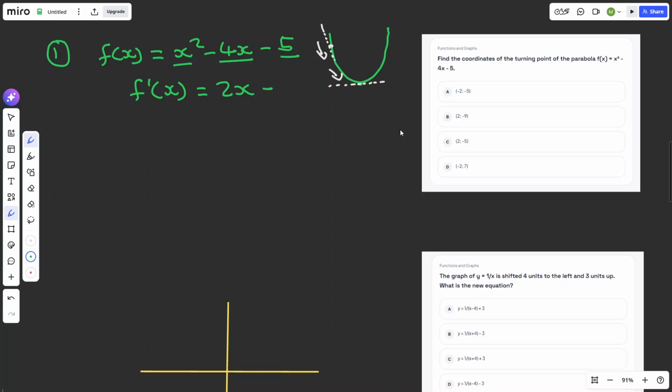Next one, we do the same thing. The derivative of 4x would be what? It's going to be 4. The x disappeared, right? Why? It's good to expand on some of these concepts because you're going to be applying them in other scenarios. When you differentiate, let's look at the x.